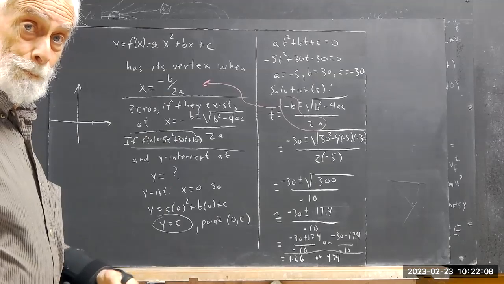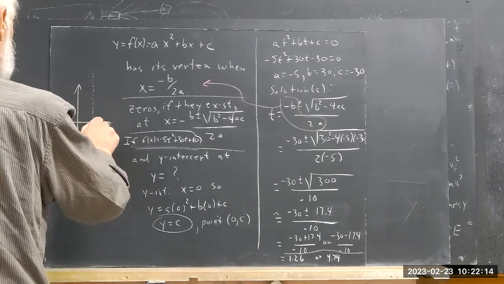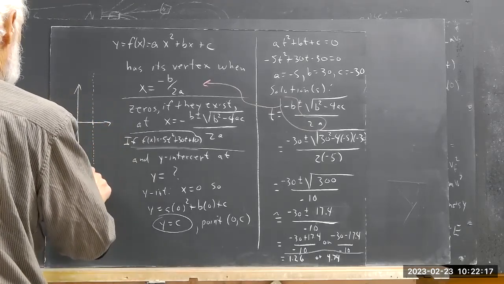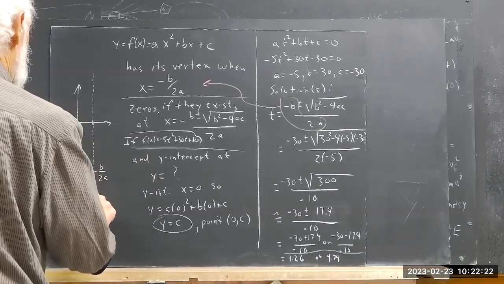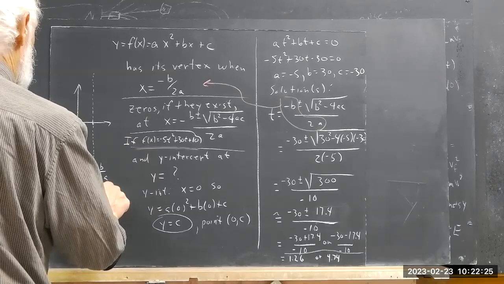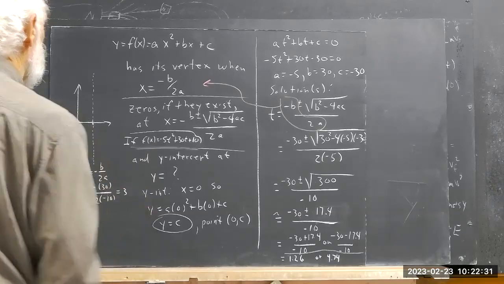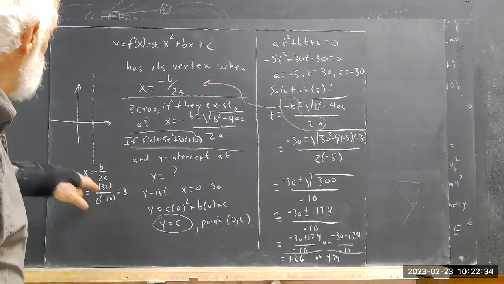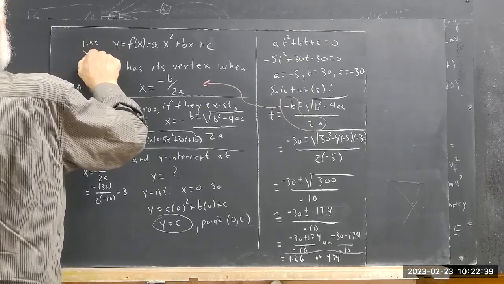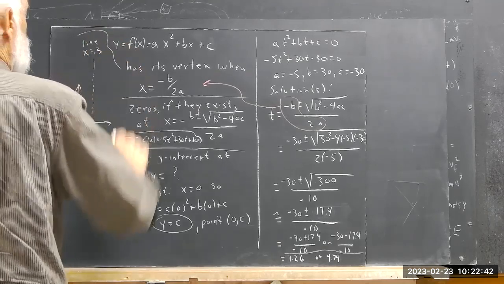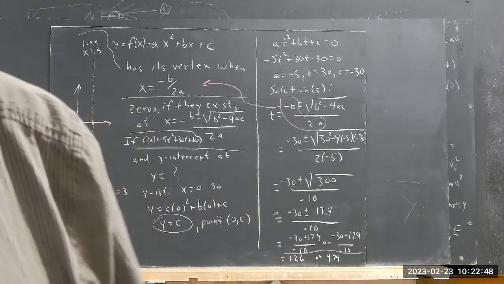It's a vertical line, because it consists of all the points where x equals negative b over 2a. So x equals 3. This is the line x equals 3, and that line's important because the vertex of this parabola is going to lie on that line.